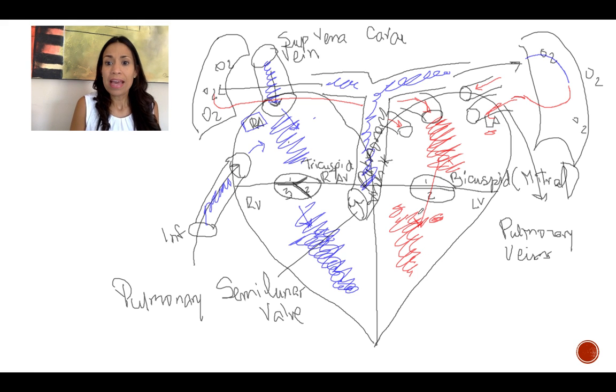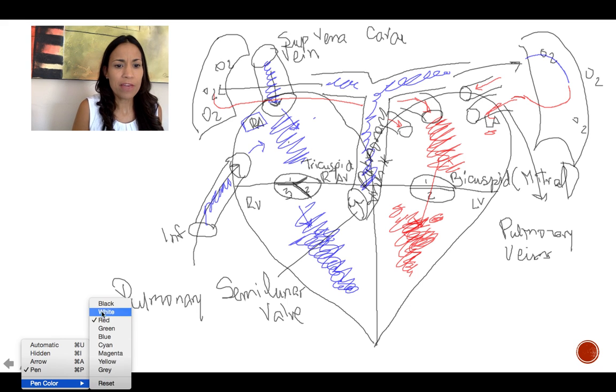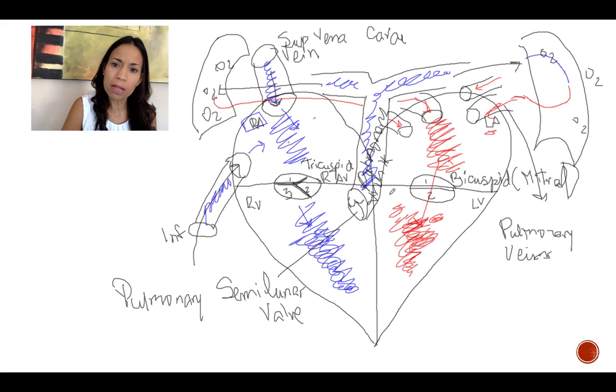Okay? Now we have all this oxygenated blood in the left ventricle. Let's get it out of the heart. And for that, we need another blood vessel that we're going to put in here.